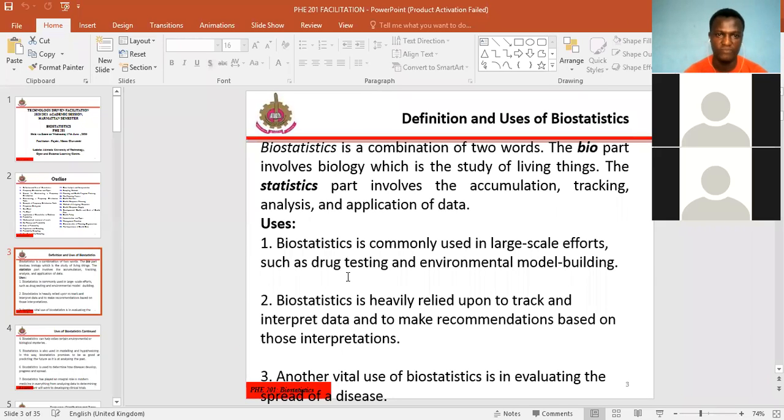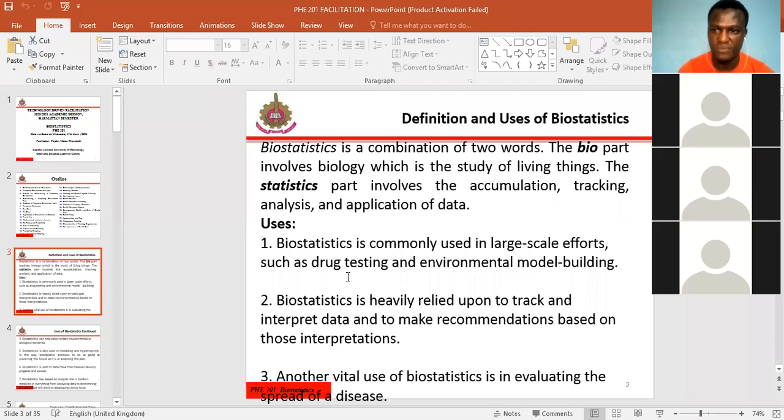The only difference is the word bio that you may be finding a bit difficult. But you don't have to panic at all. Every one of us knows what bio means. Everyone knows what bio means, which is a part of biology.